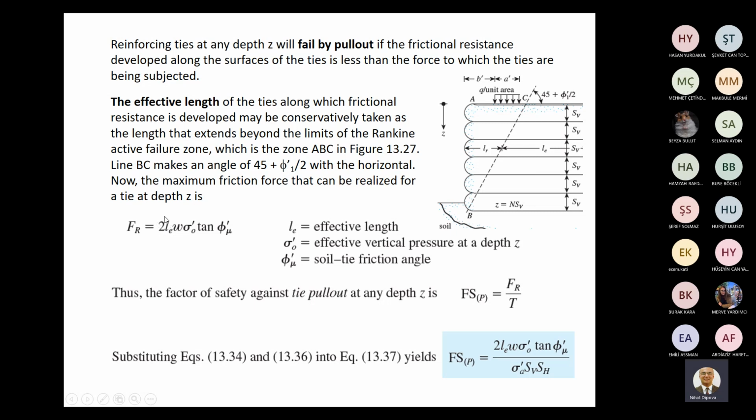We multiply by 2. This 2 comes from two faces of the reinforcing element. LE multiplied by W means area of one face, and sigma prime is the vertical stress multiplied by tangent friction angle, soil tie friction angle. This is the basic friction equation.